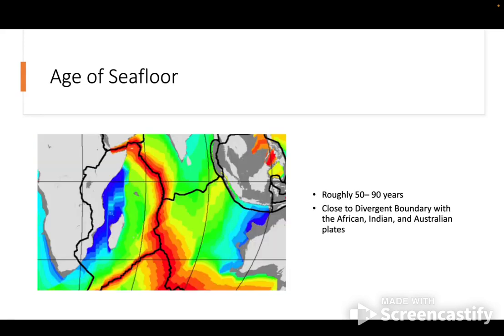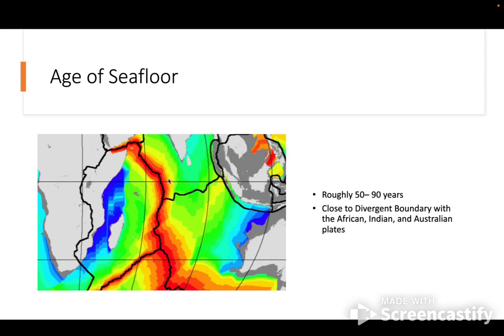All right, so this is the age of the seafloor. We're roughly close to this line right here, maybe a little more this way, but the average age of the seafloor can be anywhere from 50 to 90 years.